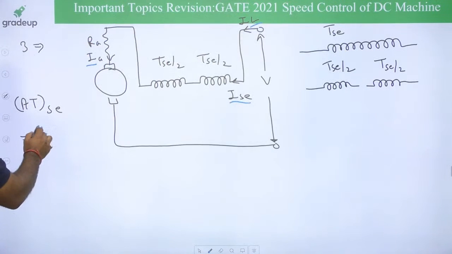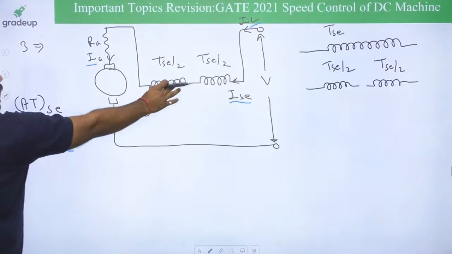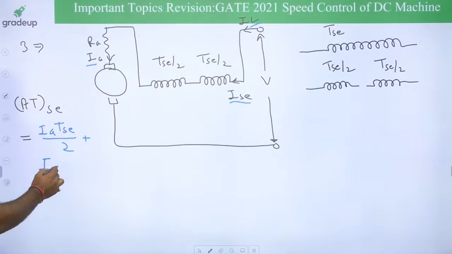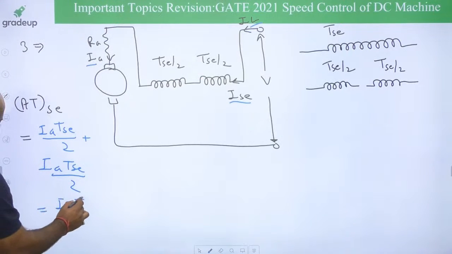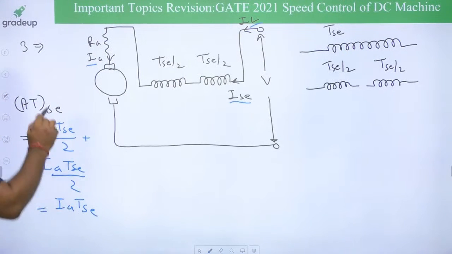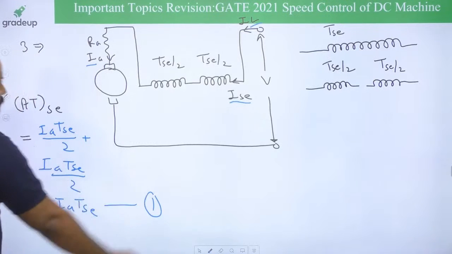So I am writing IA TSE by 2 for half of the series field winding plus IA TSE by 2, half of this. So total it is going to be IA TSE. Clear? This is equation number 1.